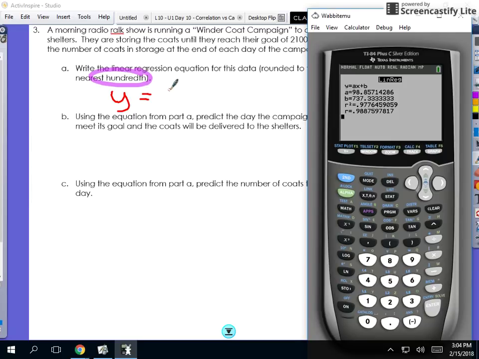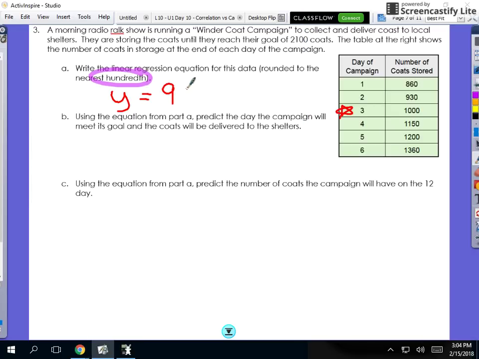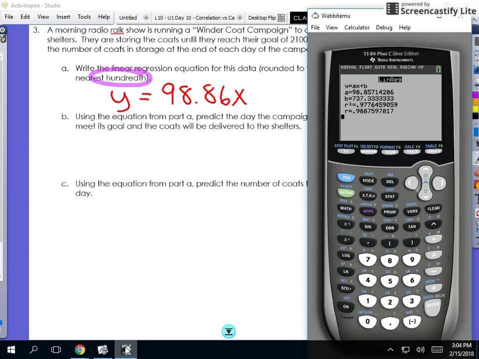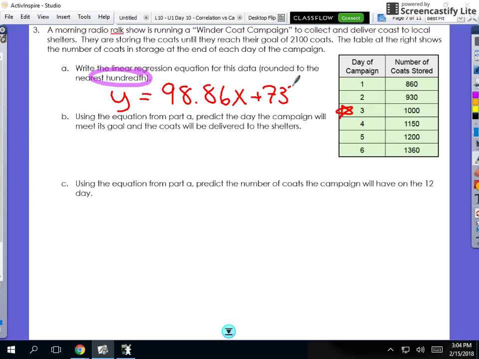So that's going to be y equals 98.86x. And then our y-intercept is the b value, so 737.333 repeating. So that's just going to be 737.33.